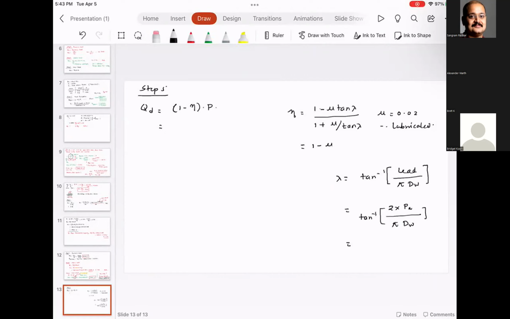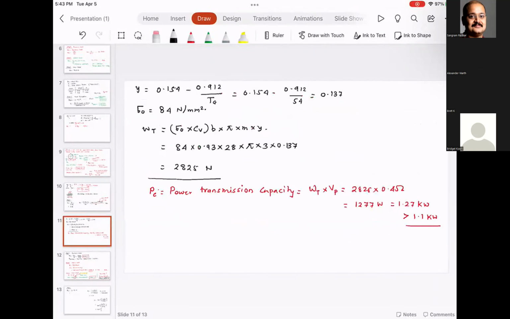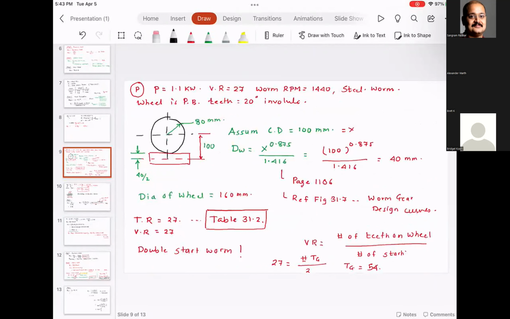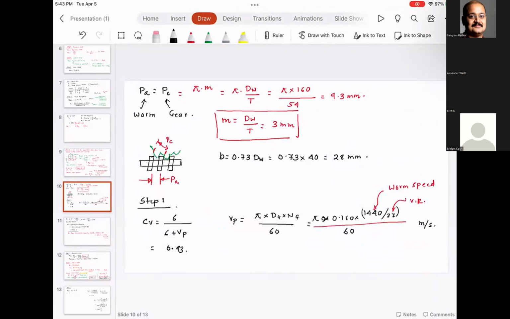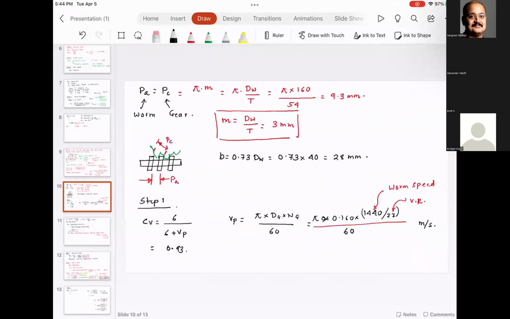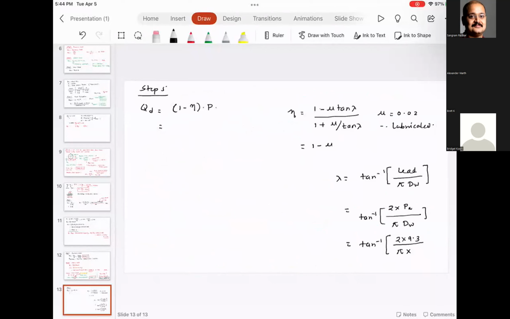Axial pitch is pi times m, which is 9.3, so 2 times 9.3 divided by pi times diameter of worm. What was the diameter of worm? 40. Can someone quickly tell me the value of lambda?